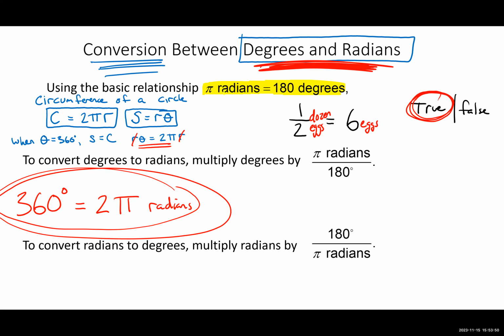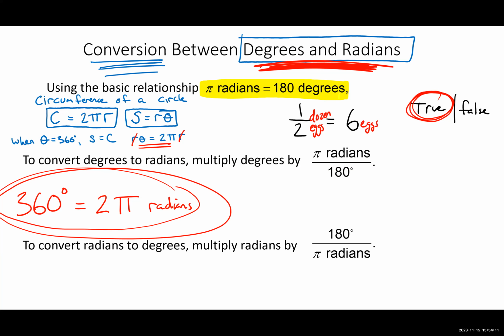Right? This is one of the most important things that we're covering in this video. 360 degrees as an angle is the same as 2 pi radians as an angle.